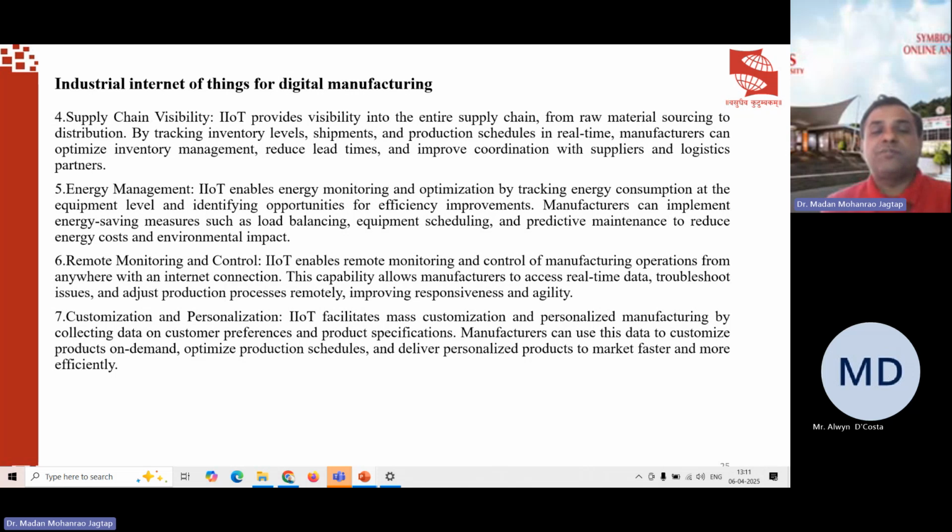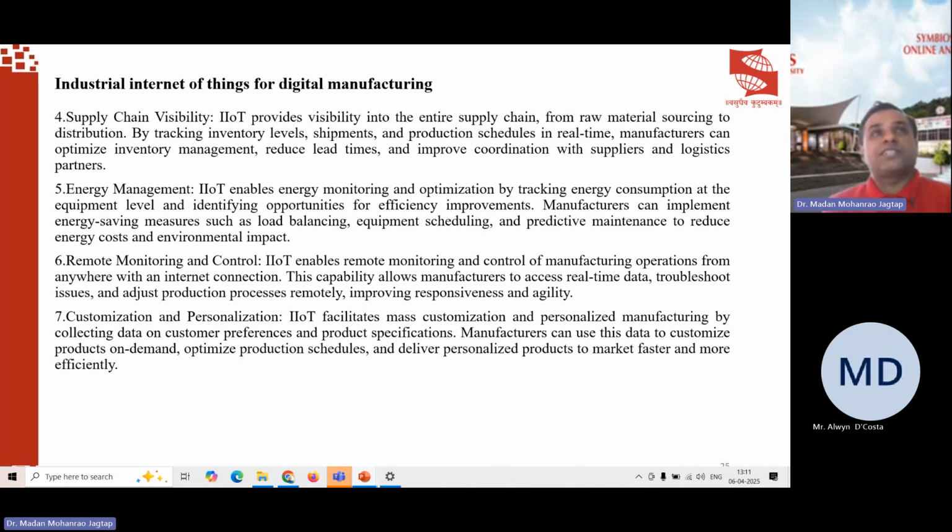Then customization and personalization. The industrial Internet of Things facilitates mass customization. So when I require a particular customized product in mass, I can produce that. And personalized manufacturing.